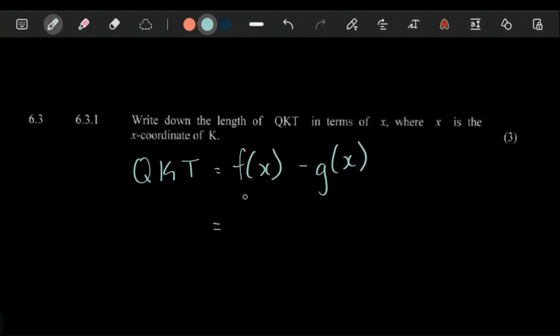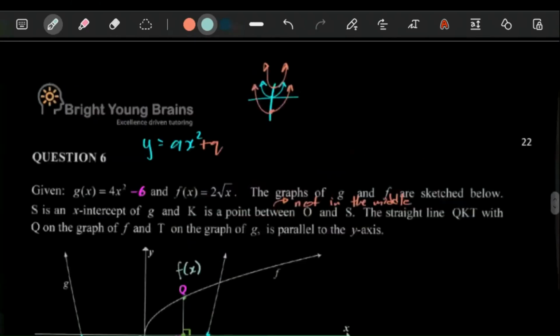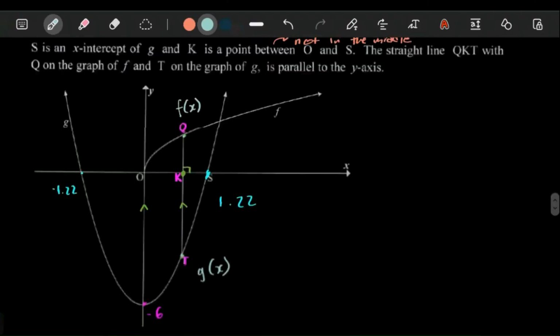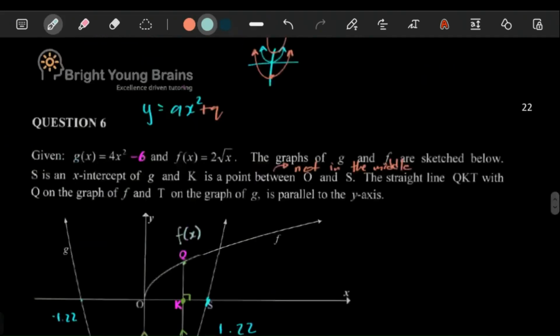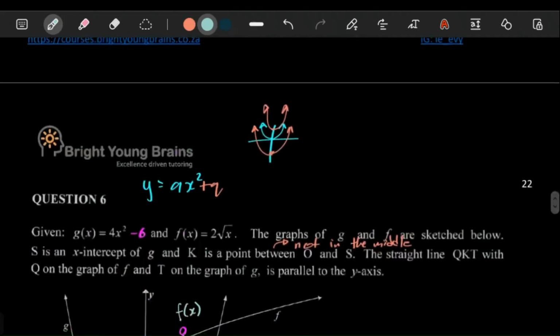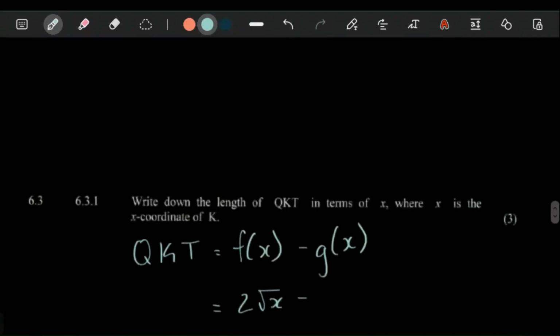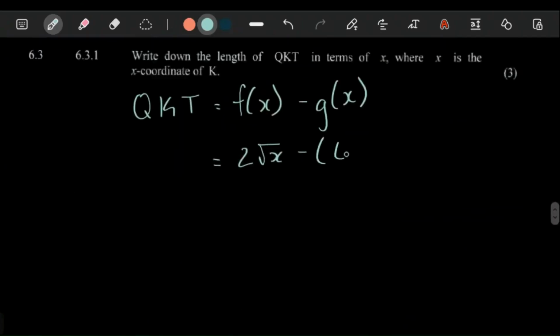So all we do now is the equation of f, which we know is 2 square root of x, minus g of x, which is equal to 4x squared minus 6. So it's 2 square root of x minus, in brackets, 4x squared minus 6.